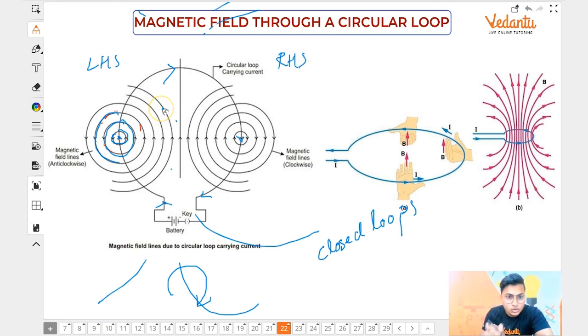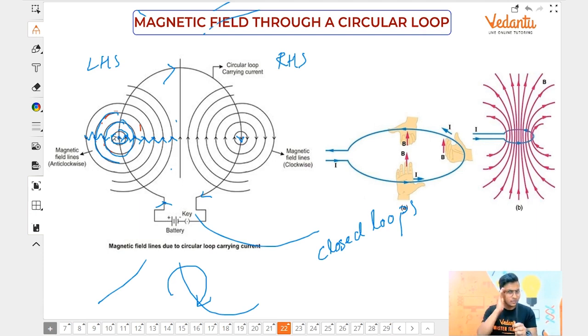Here I can see very clearly, magnetic field is generated this way. It's going downward. Look very carefully. It's going inside for this particular part. For LHS, keeping my thumb upward, the magnetic field goes inside and then comes outside this way. Comes outward this way and is going inside this way.